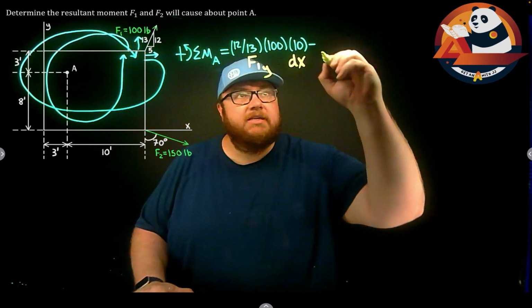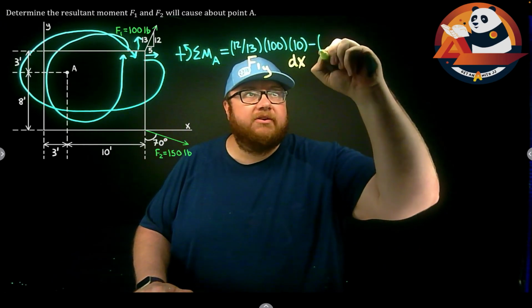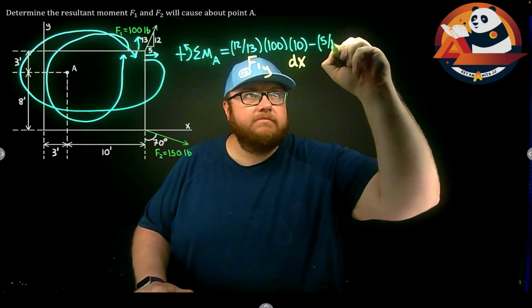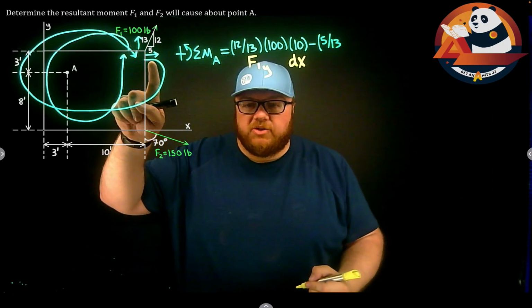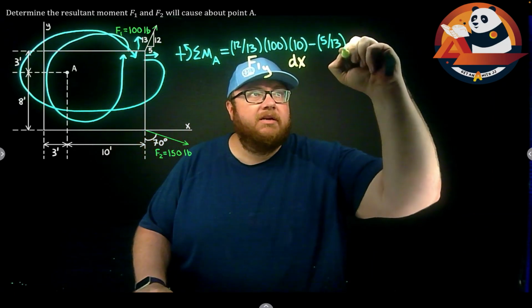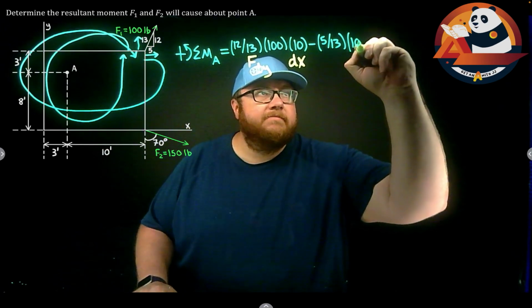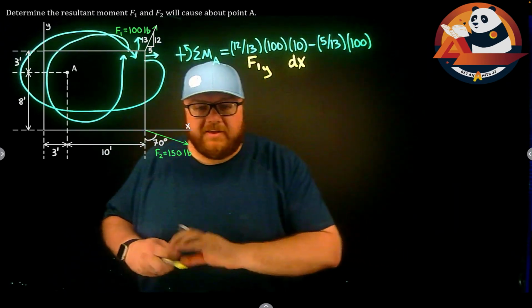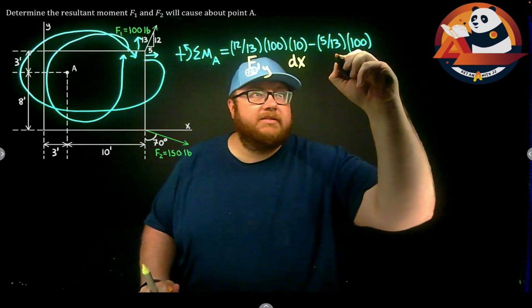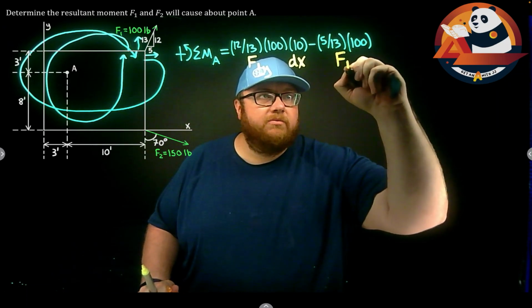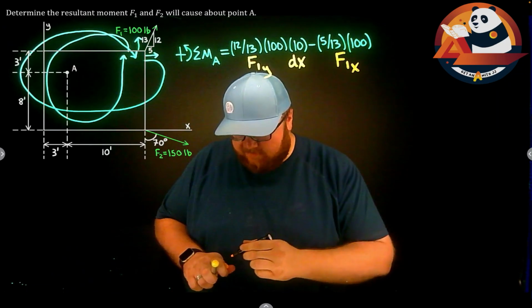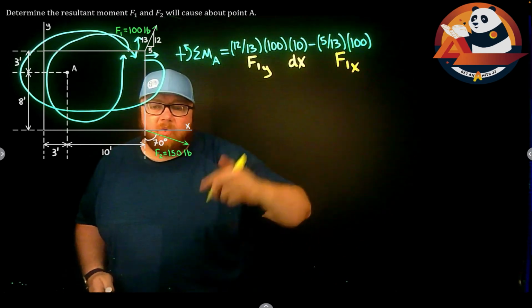So minus Fx, 5/13, our x leg of the triangle divided by the hypotenuse, times the magnitude of our force, 100. Again, that was just F1x, and I'll need to multiply by a y distance.